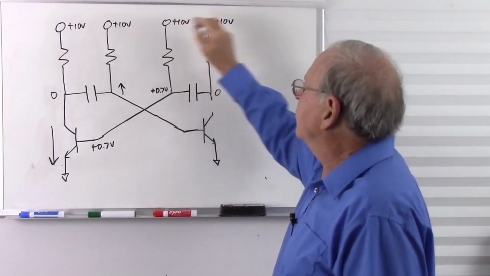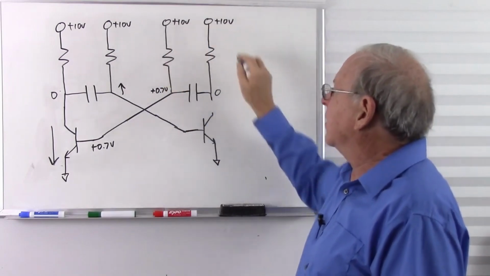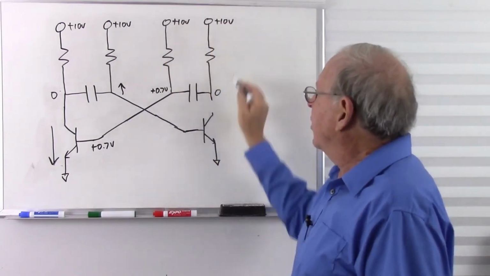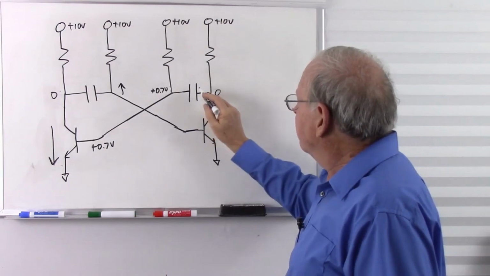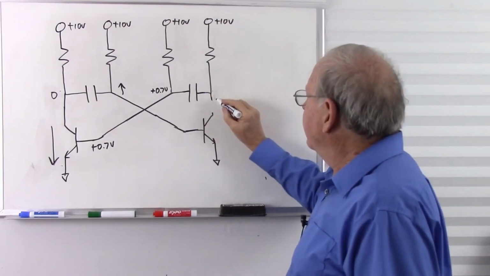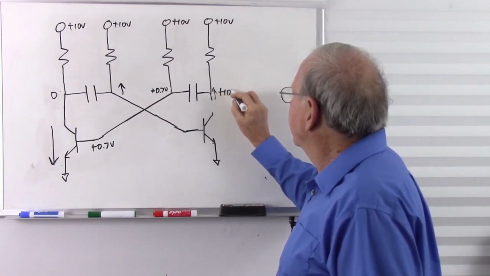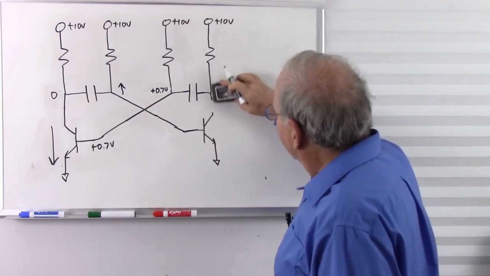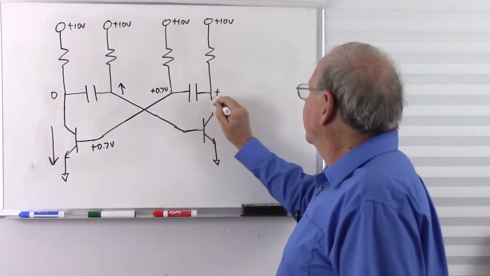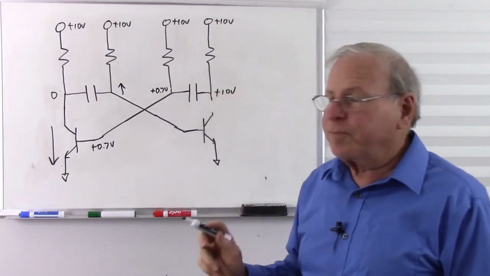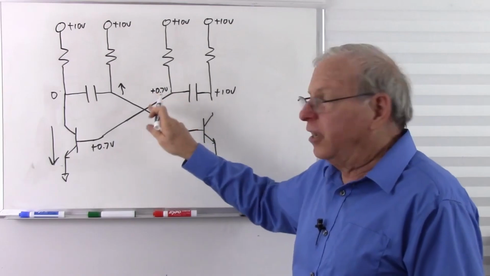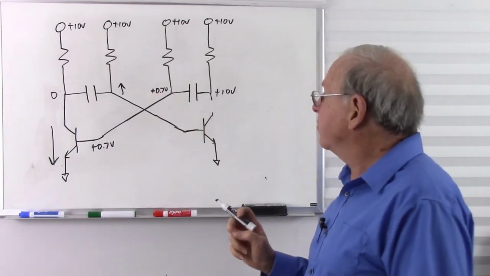Before we had it discharging like that, current was flowing basically around like this. Well, the current's still flowing the same direction, so it's going to charge this side of the capacitor. That's going to climb up and eventually reach 10 volts. Just like before. Let's get rid of that clutter. It looks terrible there. So nothing really special, except this cannot get up to 10 volts. It's going to be held at 0.7 volts.